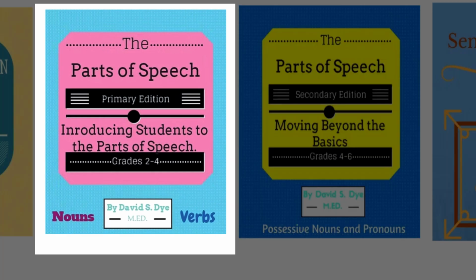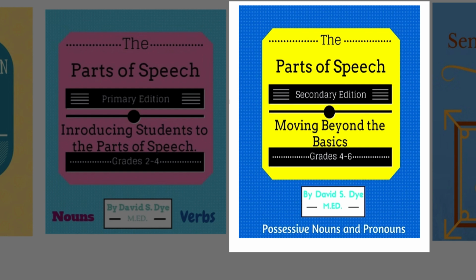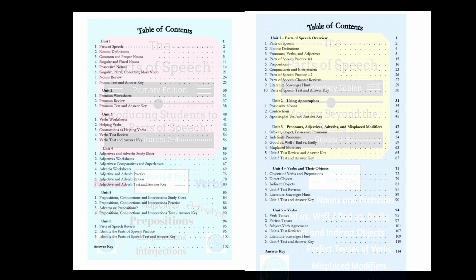So you see there's parts of speech, there's a primary edition, and then a secondary edition where it goes beyond just the basic definitions. It goes into more complex areas of the parts of speech.